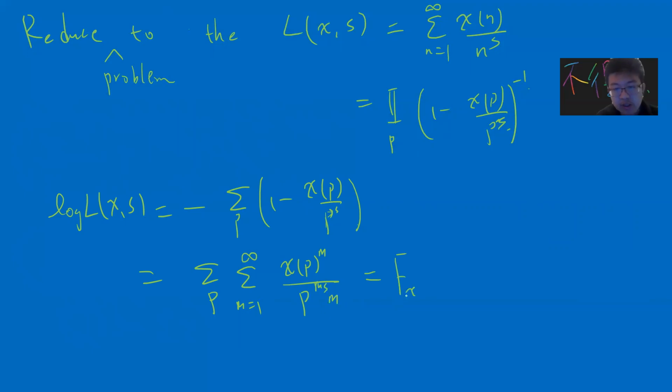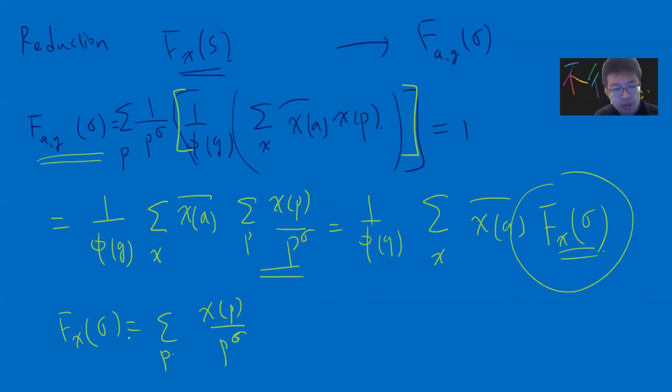Let's call it f_χ(s), right? So this is the m equals 1 term. Bad notation. This is p to the ms divided by m. When m equals 1, you get the first term, and then also the second term, which is the higher order term. So this is m equals 1 and m greater than 1.